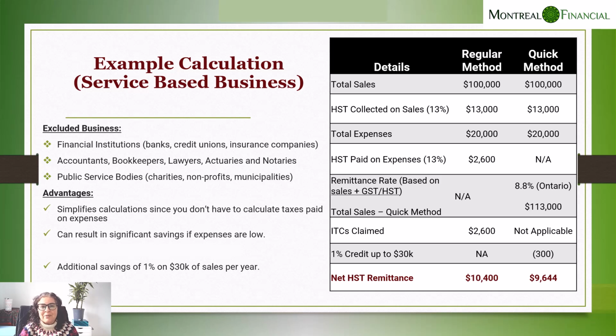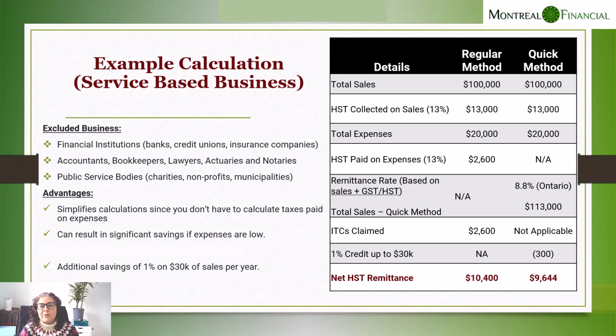But beyond that, I'm not really sure what the rationale is. Public service bodies, charities, not-for-profits, etc., are also not allowed to use the quick method. But if your business falls into any other category and you're a service-based business, it might be worth looking into this. And so let's take a look at how it works in practice.